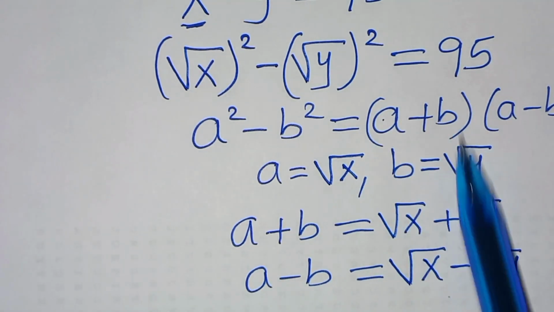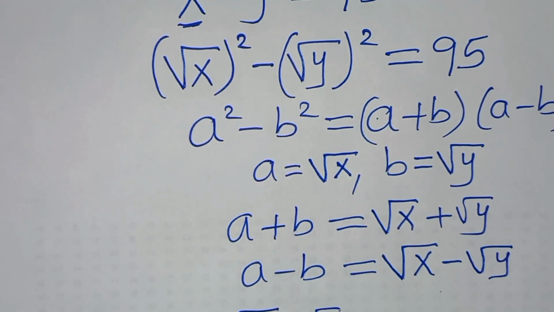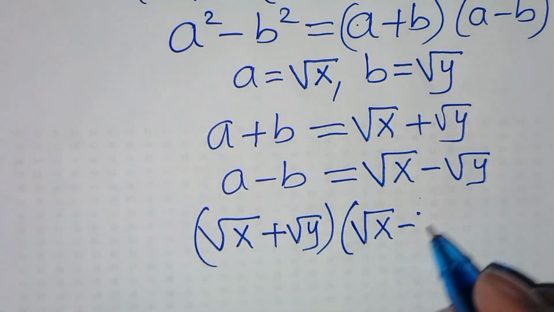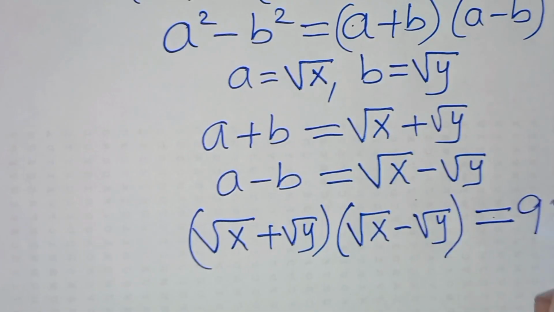Therefore, a plus b is square root of x plus square root of y, multiplied by a minus b, which is square root of x minus square root of y. This is equal to 95.